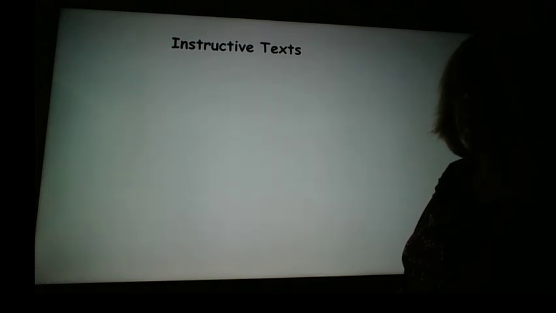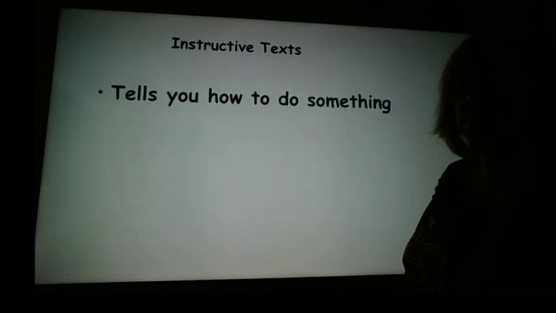Text means anything that's written down. So that could be like a book or a newspaper or a leaflet. That's the text. And instructive, it just means that leaflet or that book is telling you something to do or make. So I use the phrase instructive text.